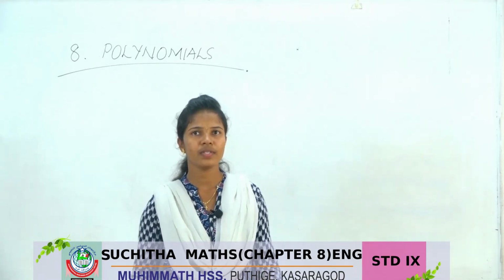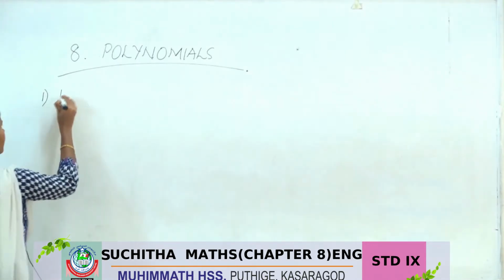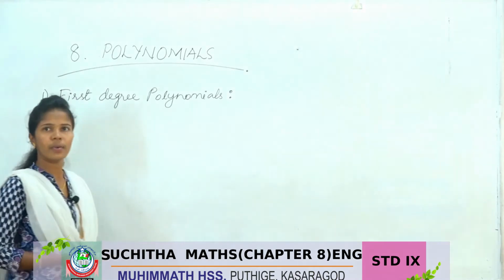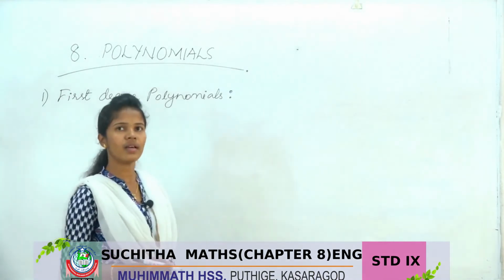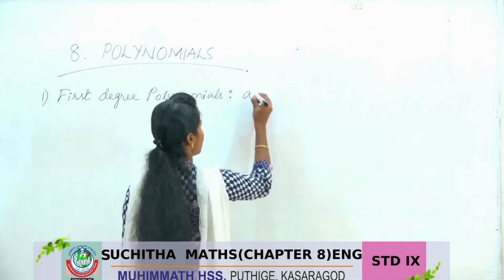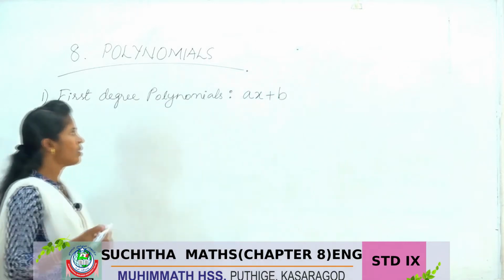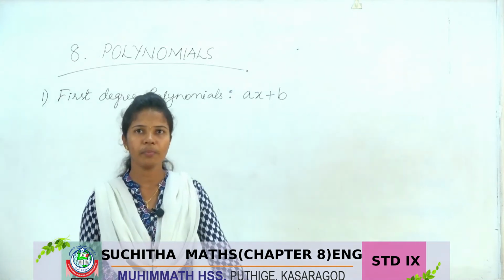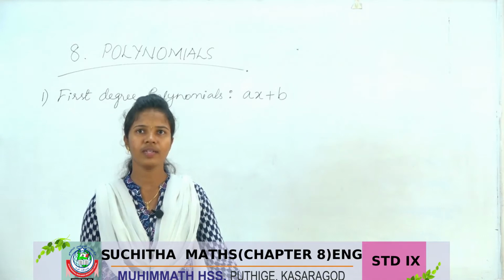So first one is first degree polynomials. In general, the first degree polynomials are denoted by the general formula ax plus b. So what do we mean by first degree polynomials? The polynomials with the degree 1 are called first degree polynomials.